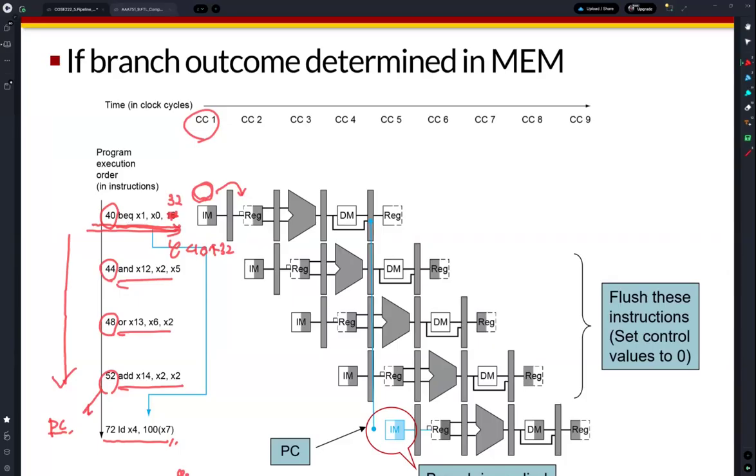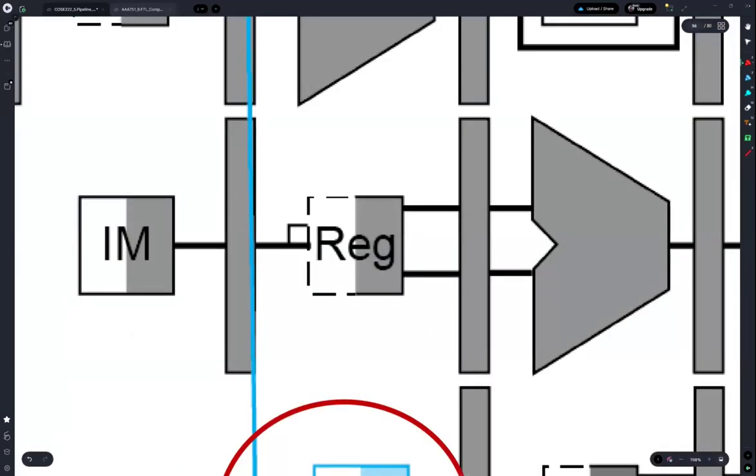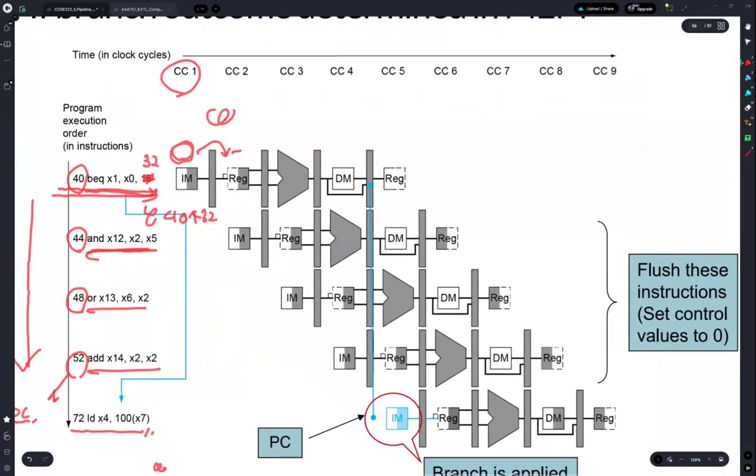Then which instruction will be fetched? We don't know the result of the branch instruction, so the next instruction will be fetched.